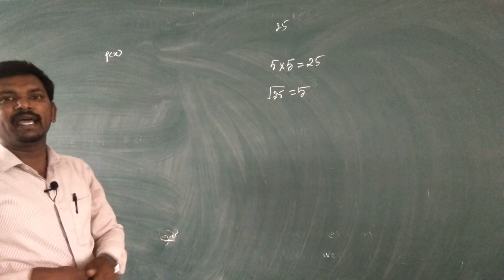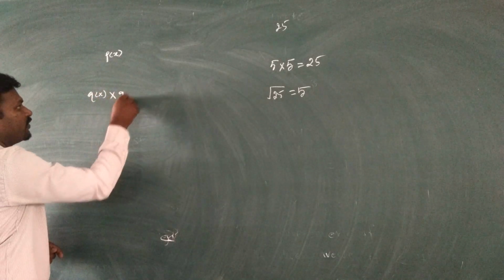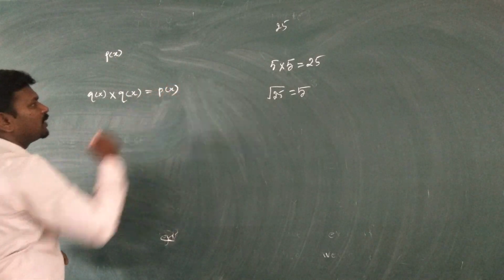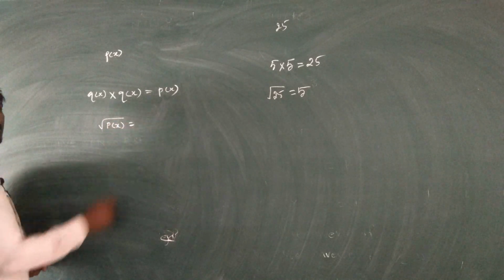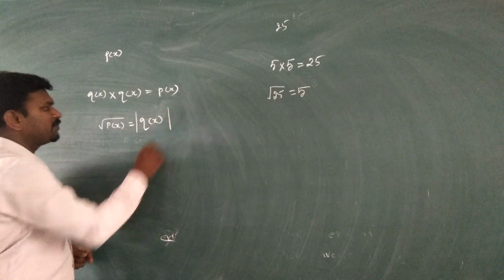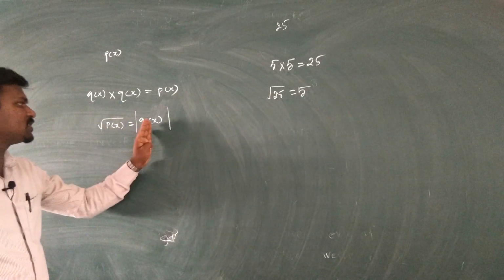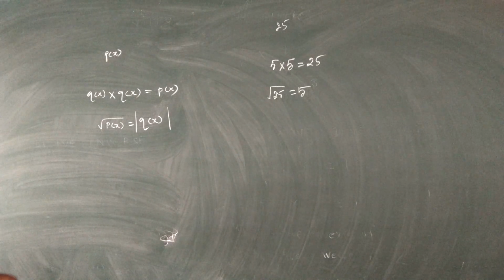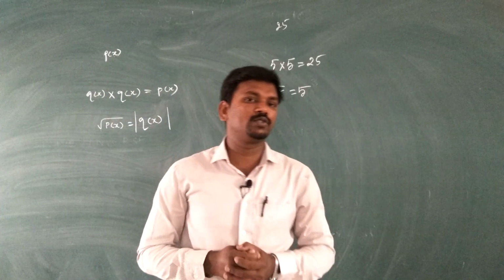When we multiply another polynomial q of x by itself, it gives the given polynomial, then the square root of p of x is equal to q of x. We have to apply modulus to get the absolute value, because it may be either positive or negative. Okay, so this is the concept of the square root.